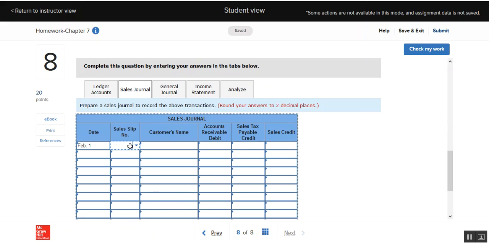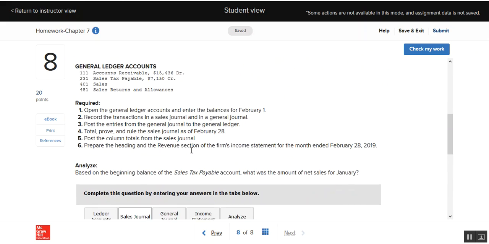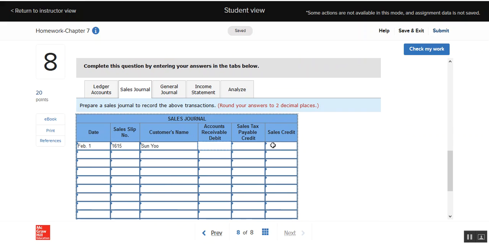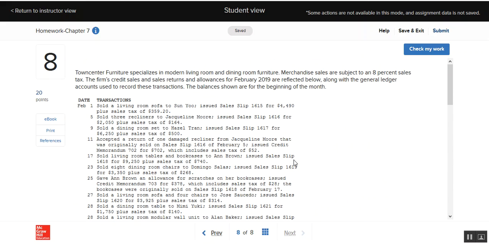Sales slip 1615. And I think it gave us a couple of amounts. Let's see. Issued sales slip for $44.90 plus sales tax of $359.20.